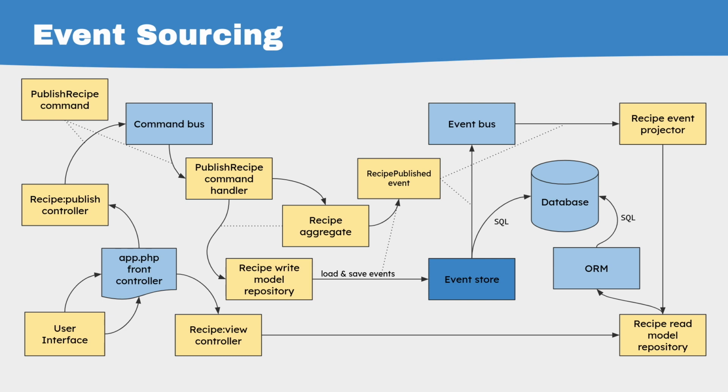And then you have your read model repository, which just receives the events if they have been executed and can just directly perform them on the database. Some people like to make somewhere here asynchronicity.